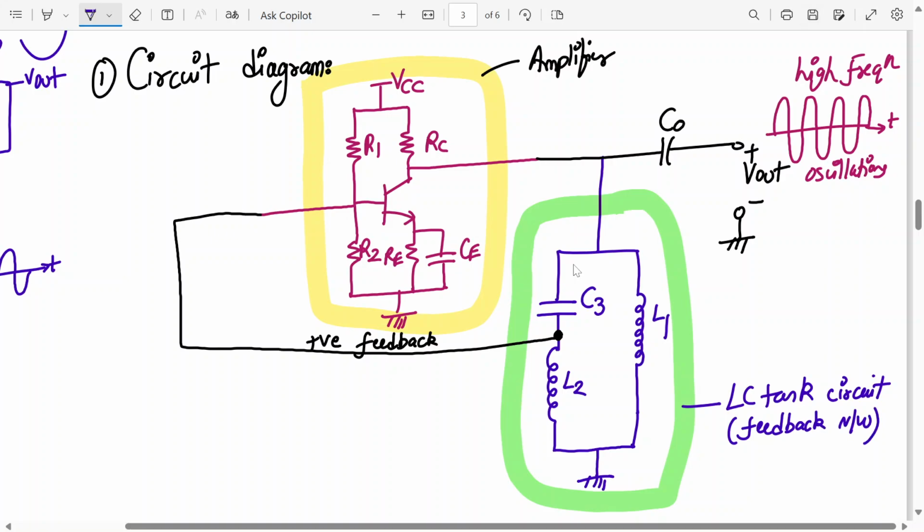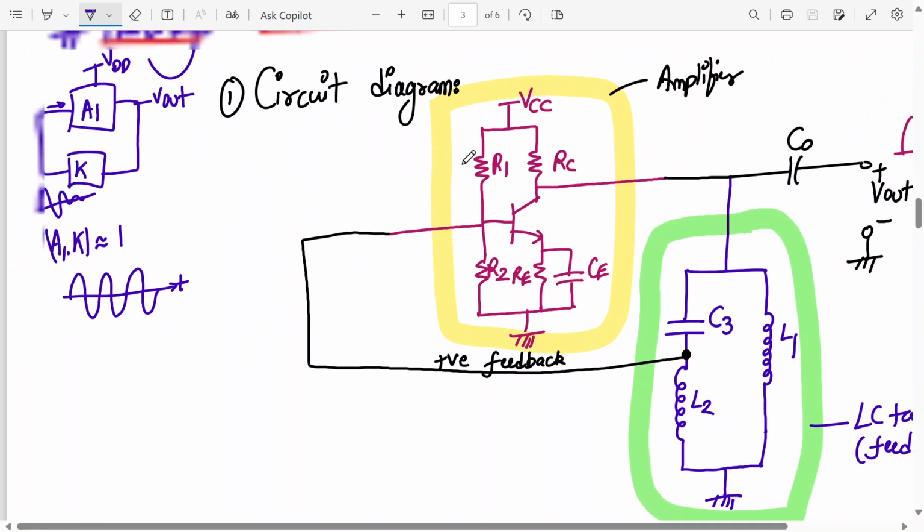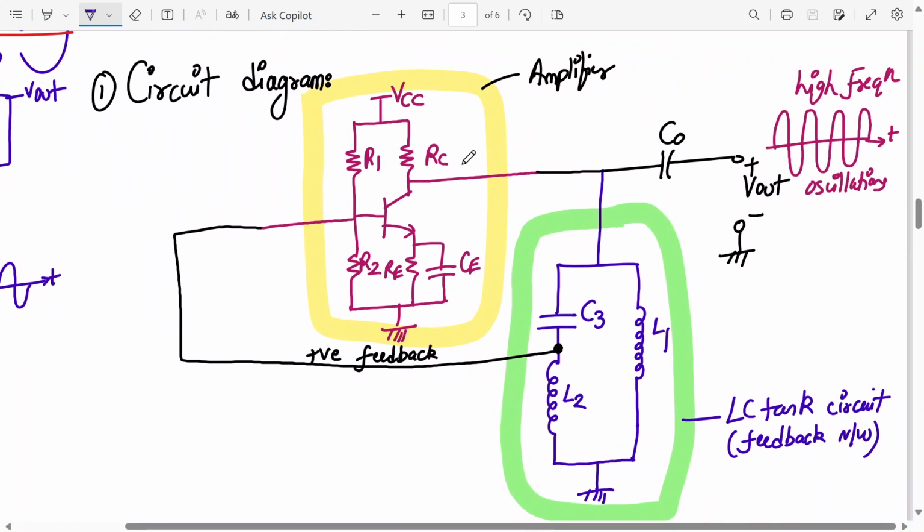Okay, any doubt anyone in this circuit diagram? Please draw the circuit diagram, please. Yeah. Everyone ready?